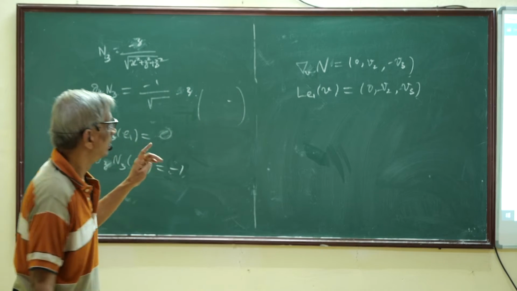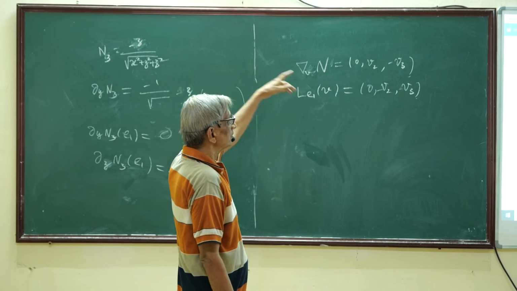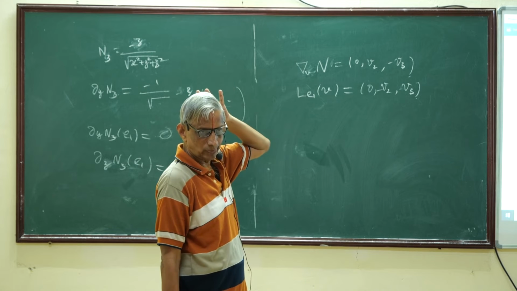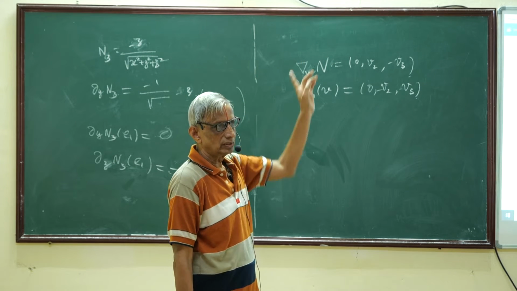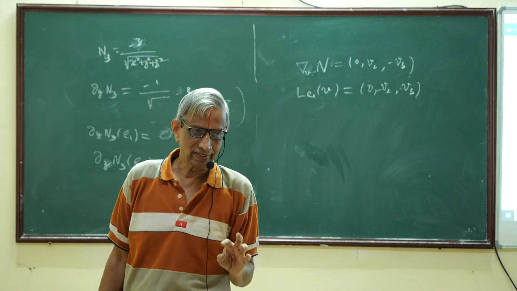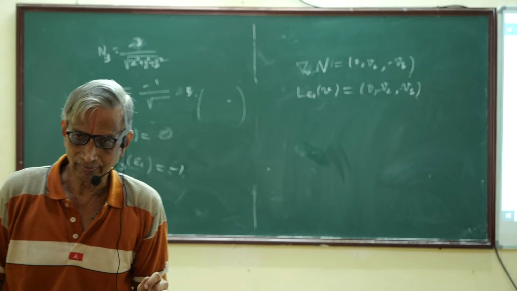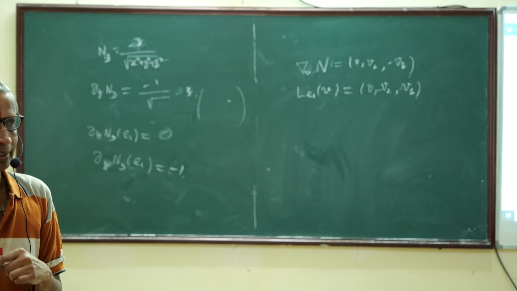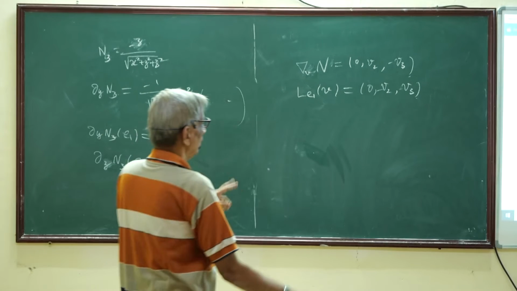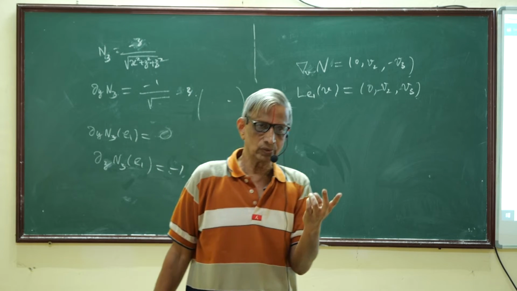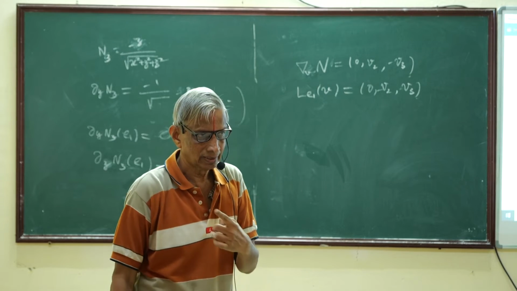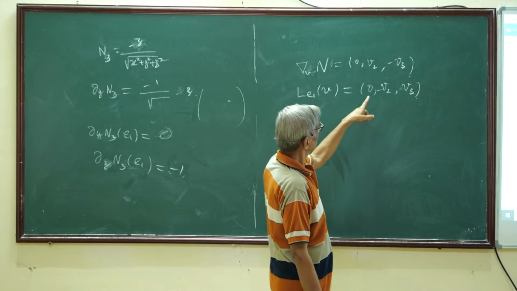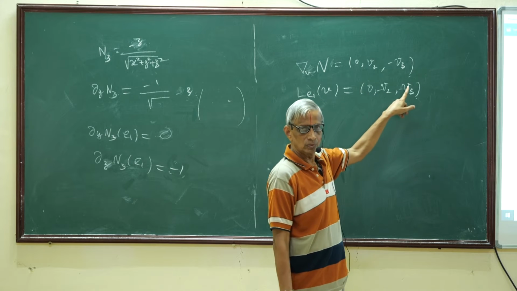So V3, for example, if you take E3, let's say, take V equal to E3, then what will you get? V1 is 0, V2 is 0, V3 is 1. So in that case you will get (0, 0, 1).